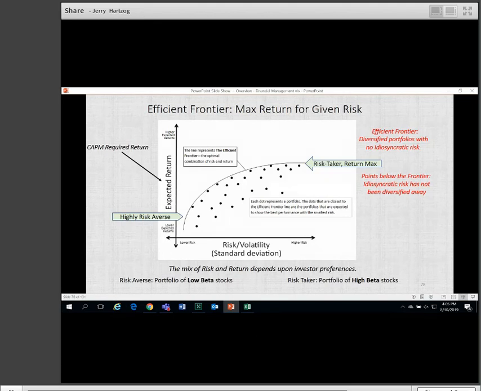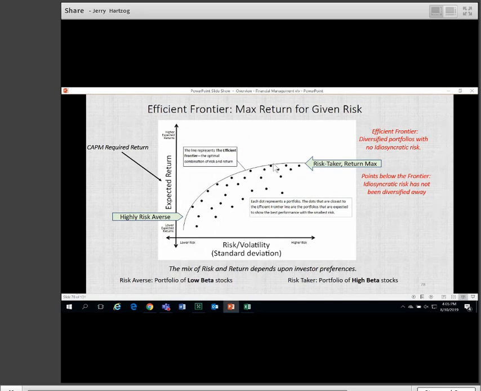Next is the efficient frontier. The efficient frontier basically says it is the types of portfolios that have been diversified sufficiently that they have no idiosyncratic risk. So any portfolio that's on this line is one that is properly diversified and has no idiosyncratic risk.